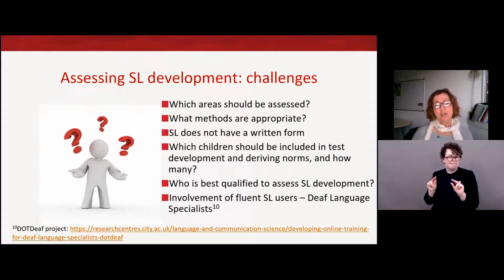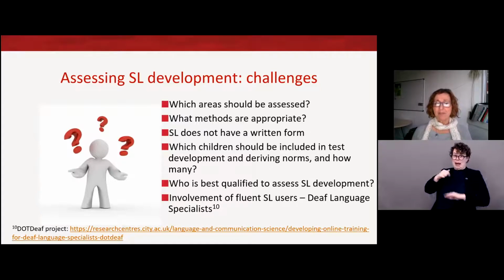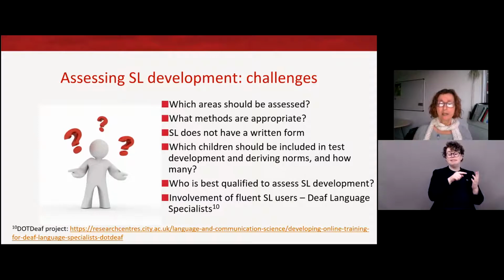One of the big challenges is really a tester issue. When you have a formal assessment of a spoken language, typically there are instructions that the tester gives, and these are written. So the tester just has to read the instructions out. But of course, in sign language, we don't have an easily accessible written form, and it's very important to standardize how an assessment is carried out, because otherwise we're going to be giving different information to different children.